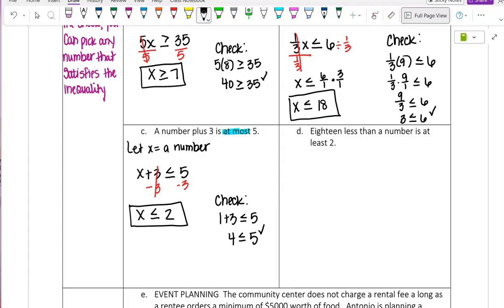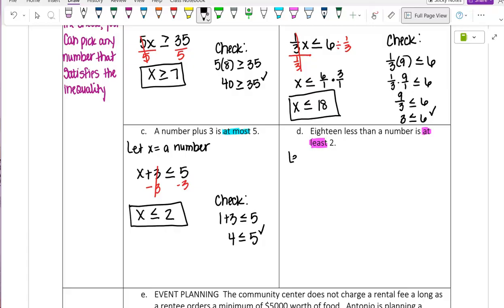Now, question D here can be a little confusing because it says 18 less than a number is at least 2. The inequality part of it is the at least. 18 less than a number, that goes back to module 1 for us when we were translating verbal phrases to arithmetic phrases.